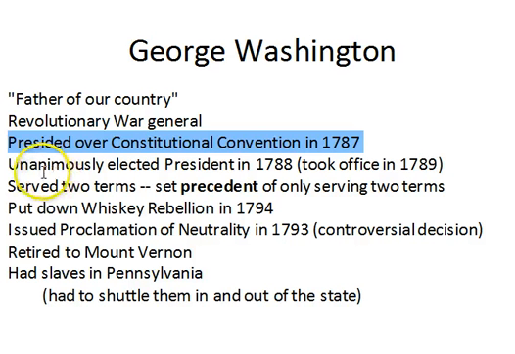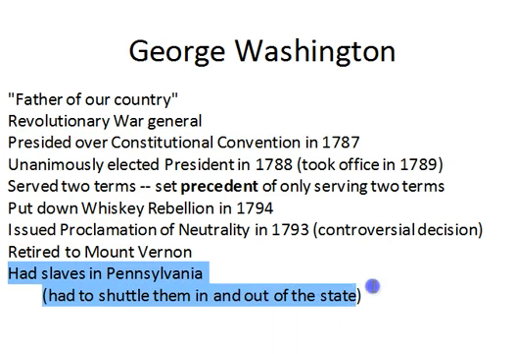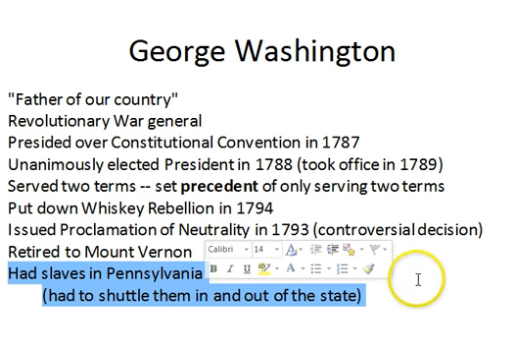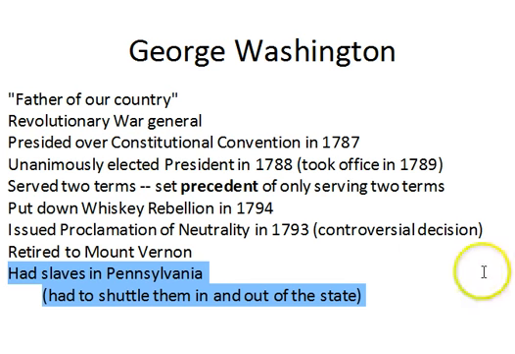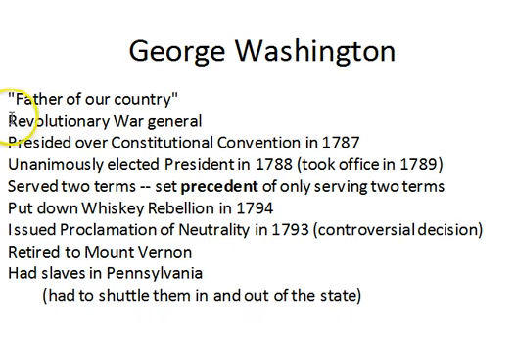Had the unanimous part, mentions that he served 2 terms, you've got the Whiskey Rebellion, Proclamation of Neutrality, and because we talked about it in class, and because I asked you specifically to address this in your ID, you should have mentioned the part about being a slave owner as well. But again, not a bad ID there for our first draft. And so as we move forward, we're going to want to see IDs that do all of these things here.